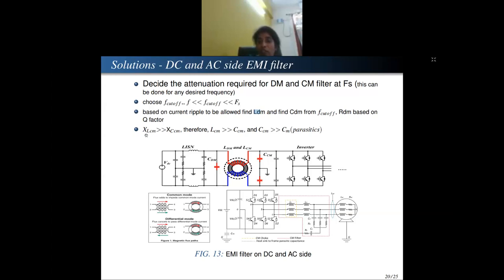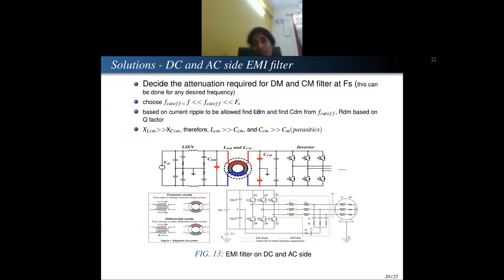XLCM has to be much greater than XCCM. The common mode capacitance impedance has to be lower than XLCM, at least in the particular designed frequency range where you want attenuation.